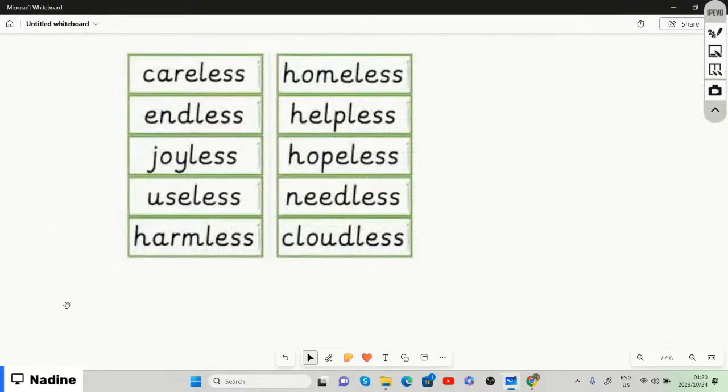And here we have a few examples of words that add less. And remember, we said it means without. For example, careless. It's without care. It's like I don't care. Endless. It's without end.